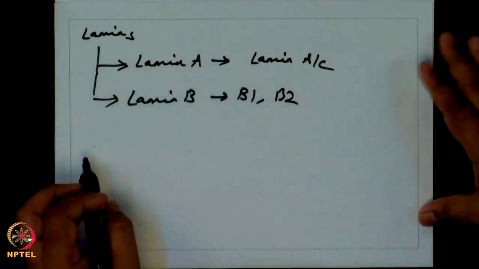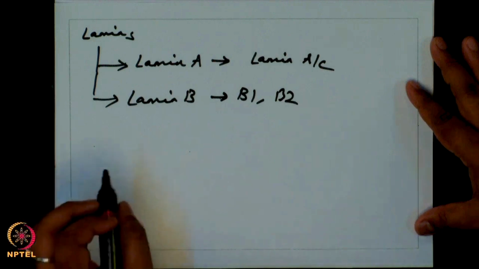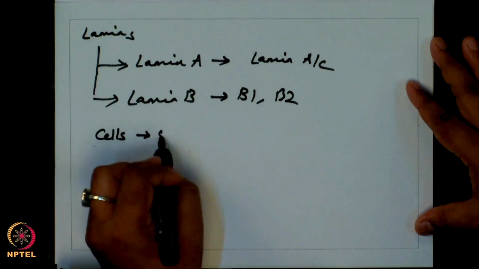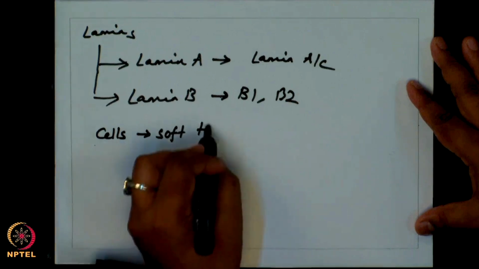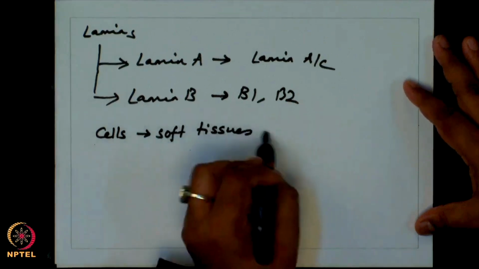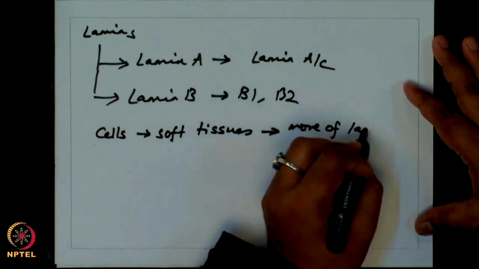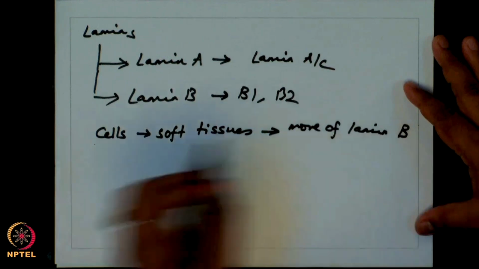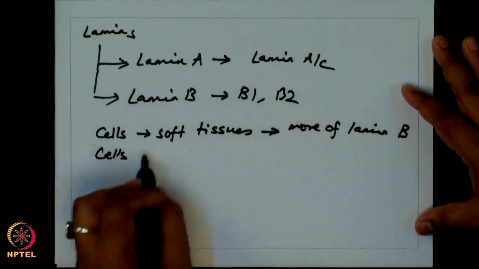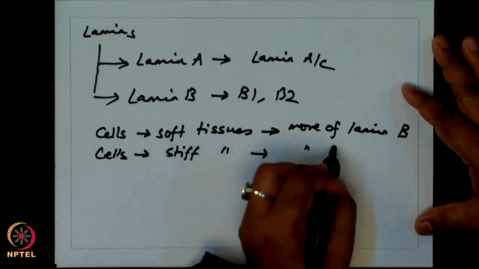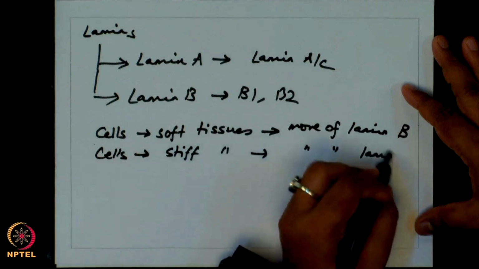What has been recently demonstrated is that cells which reside in soft tissues contain more of lamin B, while cells which reside in stiff tissues contain more of lamin AC.